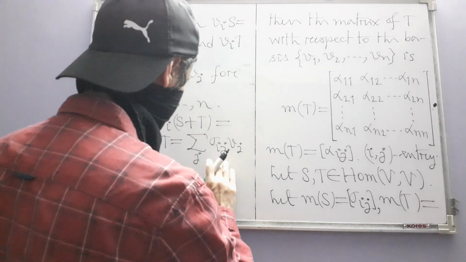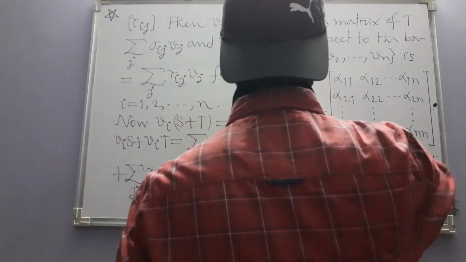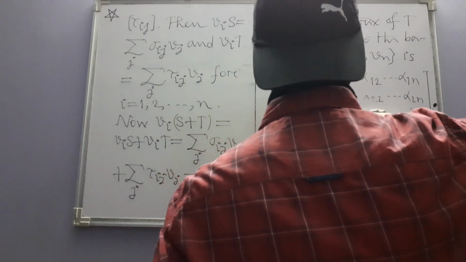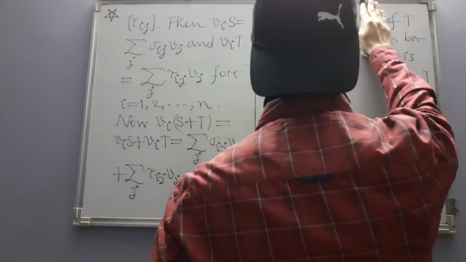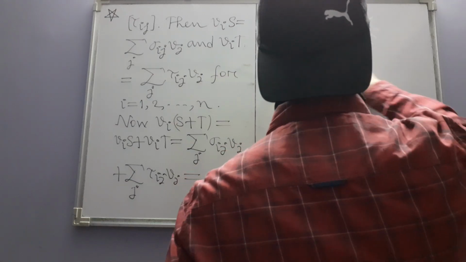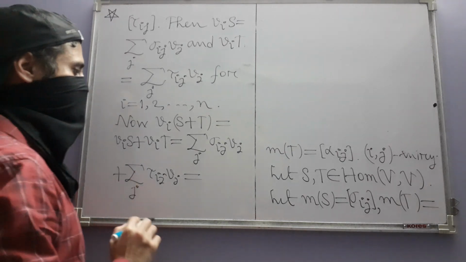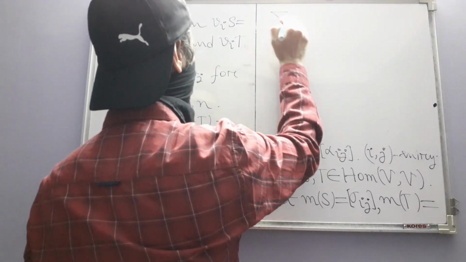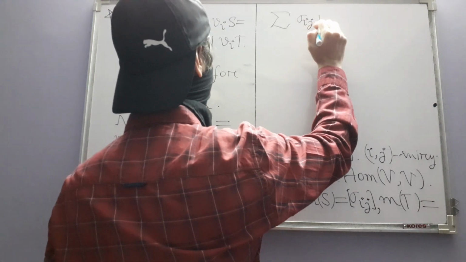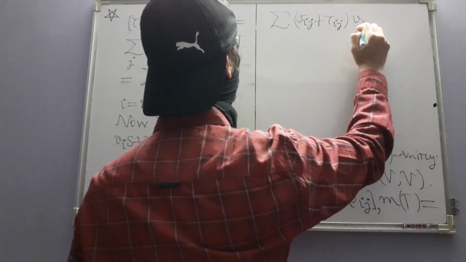Okay, so now what do we get from these two using the properties of a vector space? Using the fact that vector addition is commutative, associative, and also using the other axioms for a vector space, we get that this sum is equal to the summation of sigma ij plus tau ij times Vj.